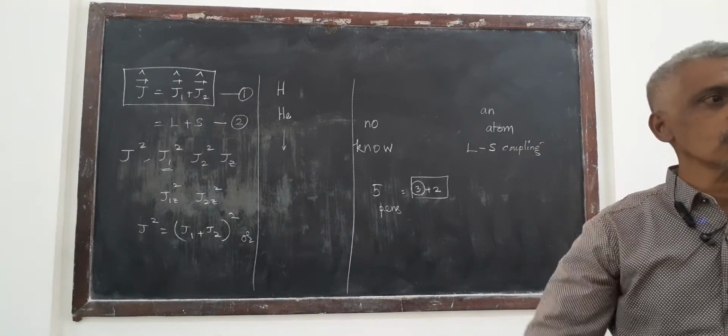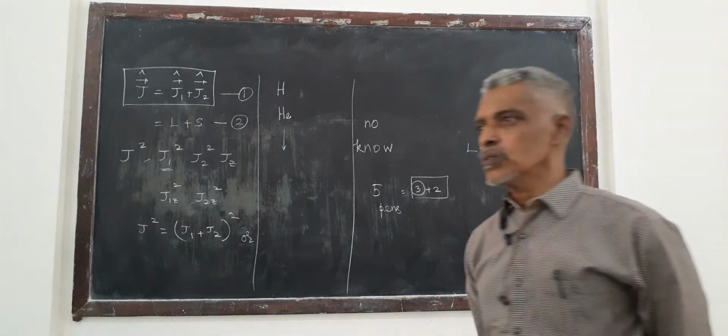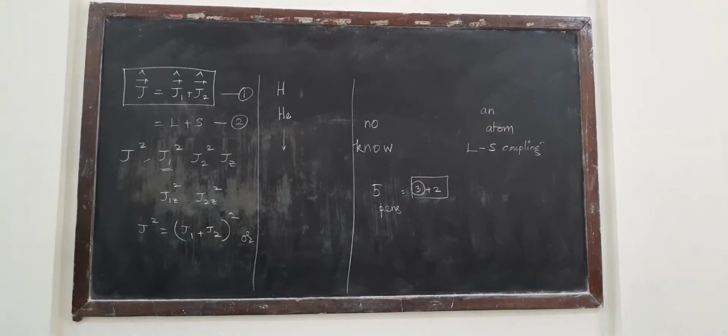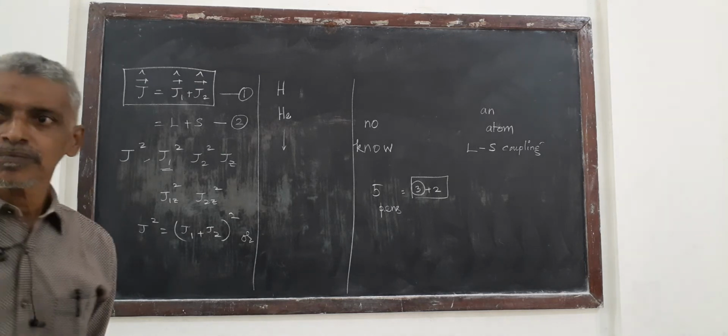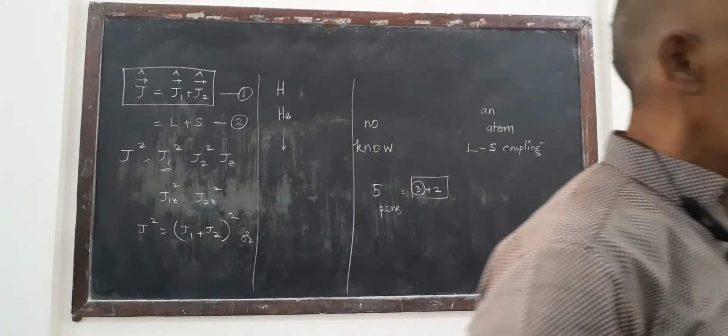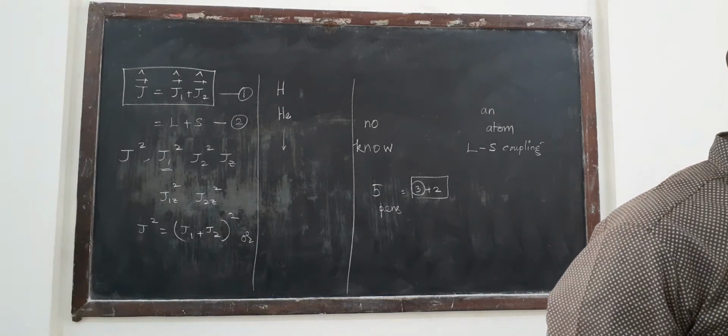You see your notes? It will be like that. J square is equal to J1 square plus J2 square plus J1 J2 plus J2 J1. Is it there or not? Do you have it or not? Yes.